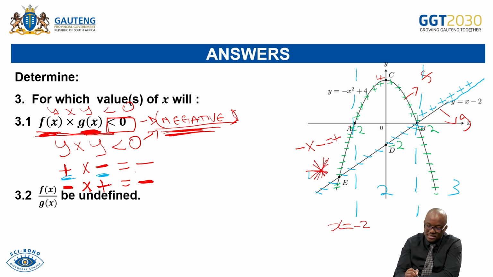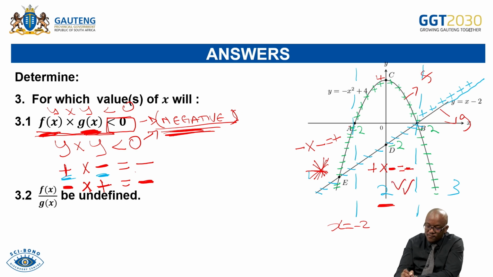The first interval is out because we want the values of y multiplied to give us negative. So on the second interval, we have positive multiplied by negative, which gives us negative.